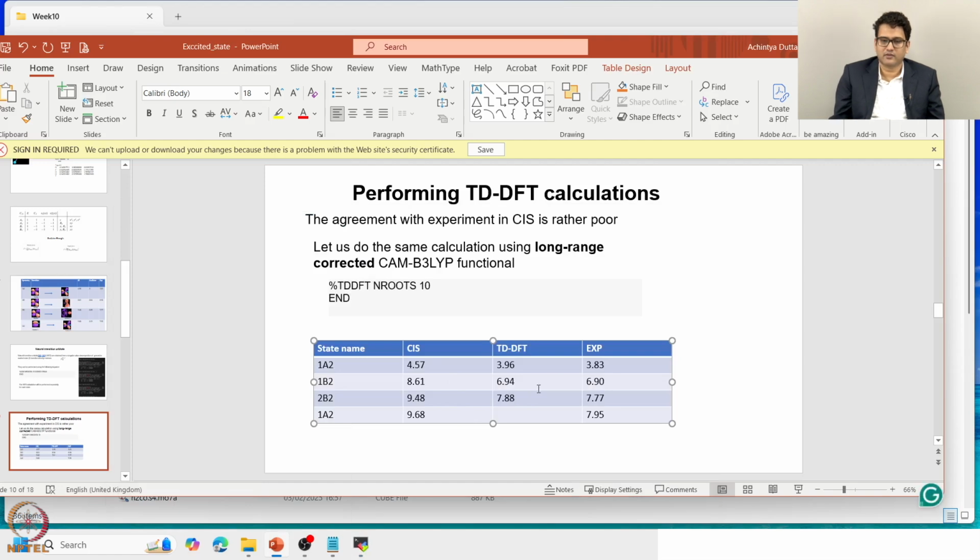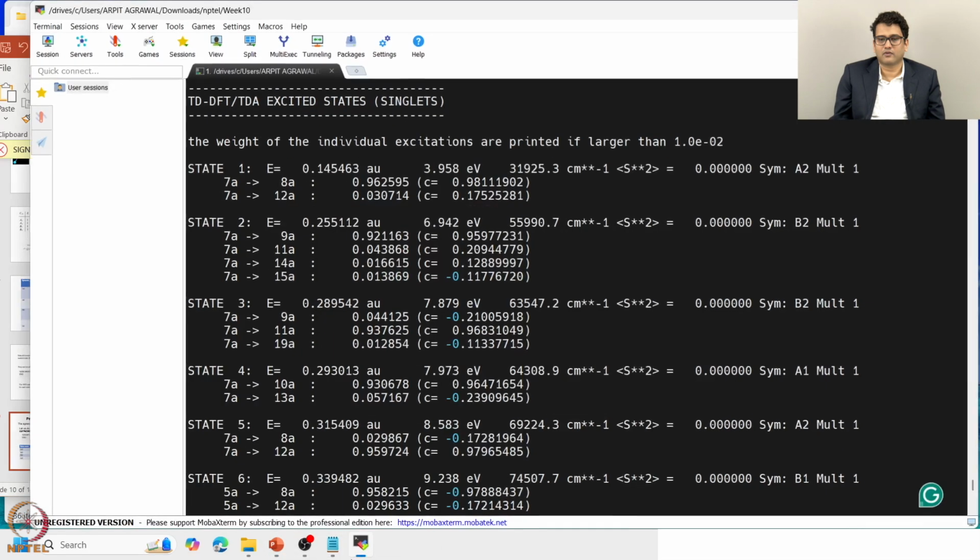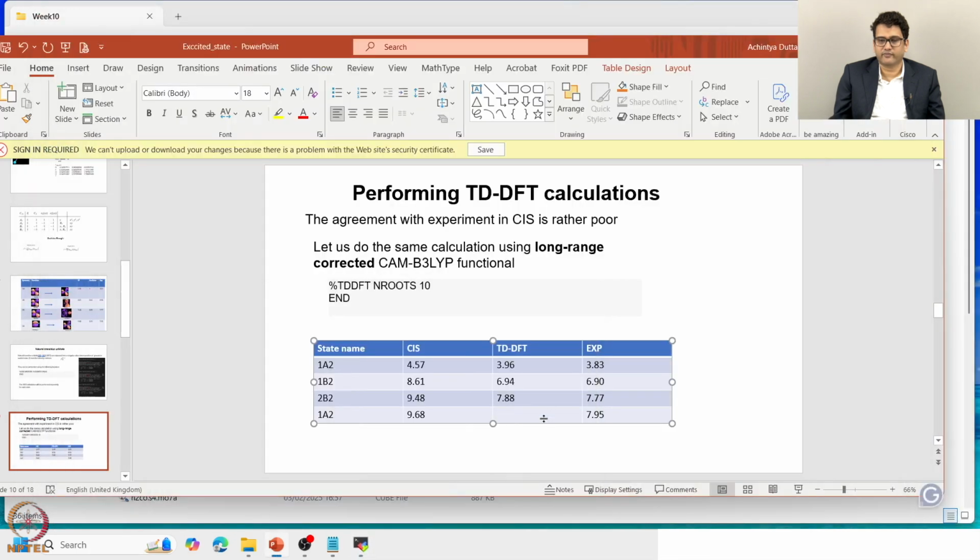For the fourth state it is 7.97. So, you see, using CAM-B3LYP we actually get very good agreement with the experiment.